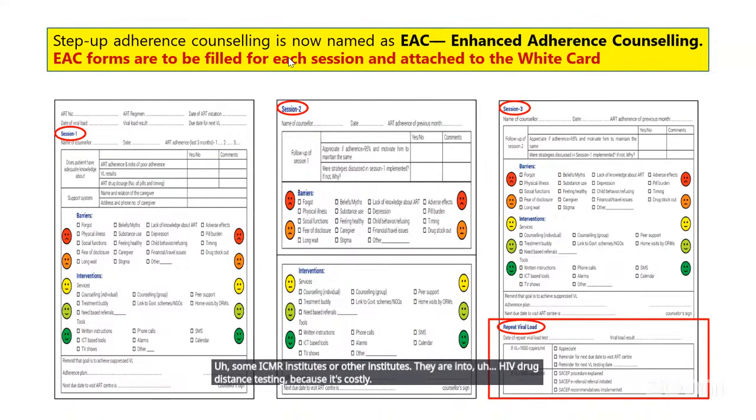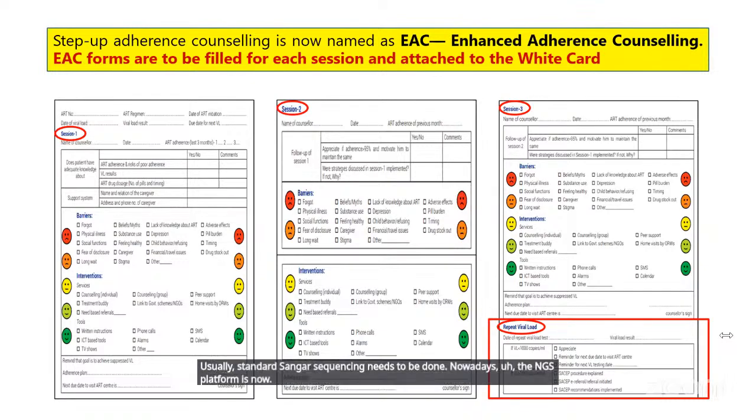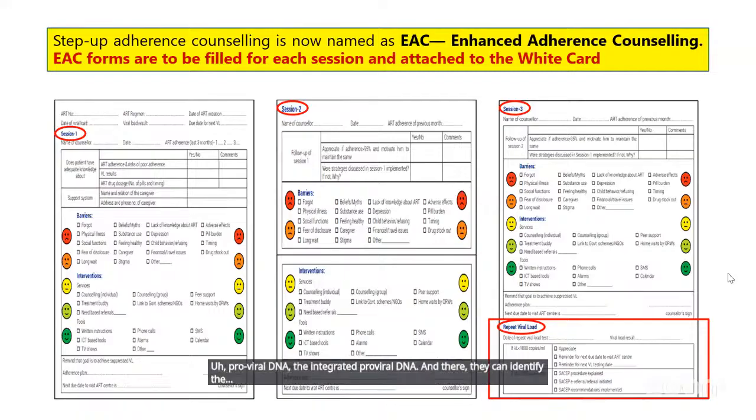And whatever is being done in the private labs is also not very appropriate. Usually standard Sanger sequencing used to be done. Nowadays, the NGS platform is available and increasingly being used. The advantage of NGS is that, in addition to the RT and protease and integrase genes on the HIV genome, it can also look into the host cell integrated proviral DNA, and there identify archived mutations.